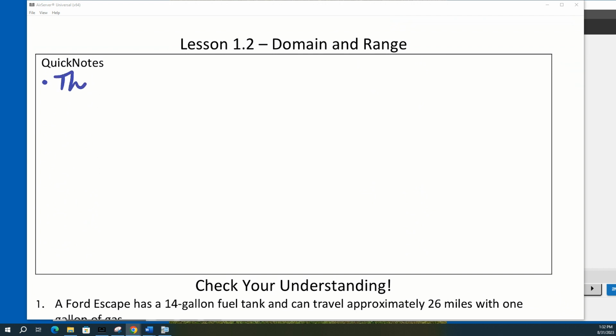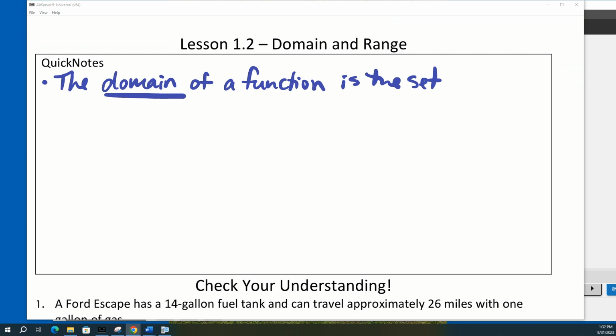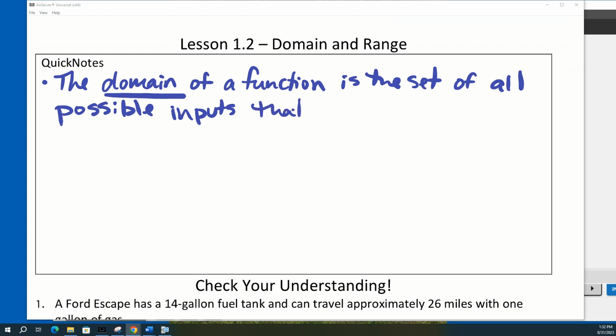And the first one is that the domain of a function is the set of all possible inputs that produce a defined output.